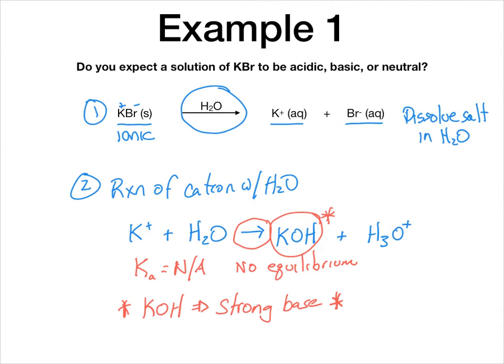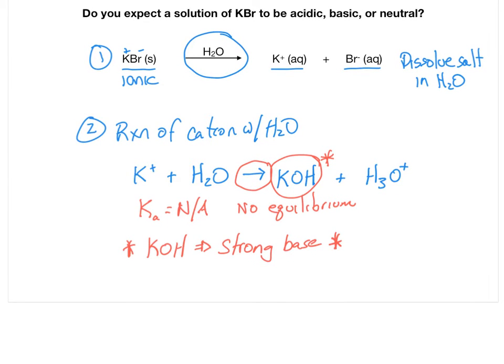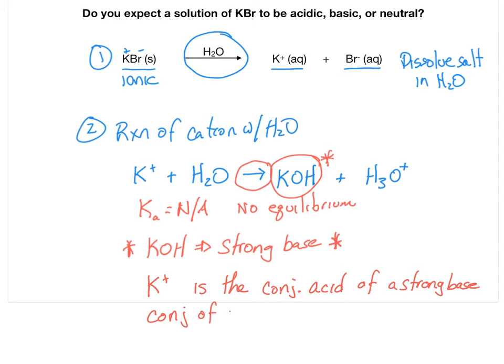So KOH is a strong base, which means that K plus is the conjugate acid of a strong base. The conjugate of a strong base is neutral.